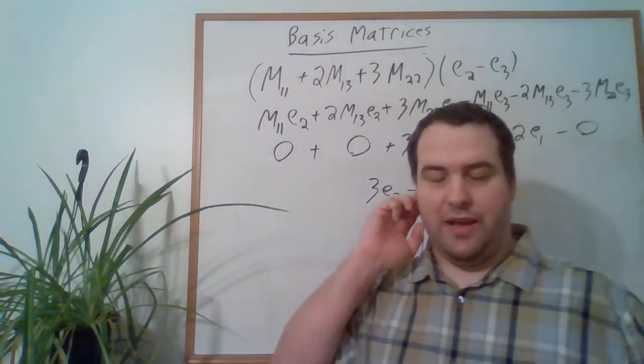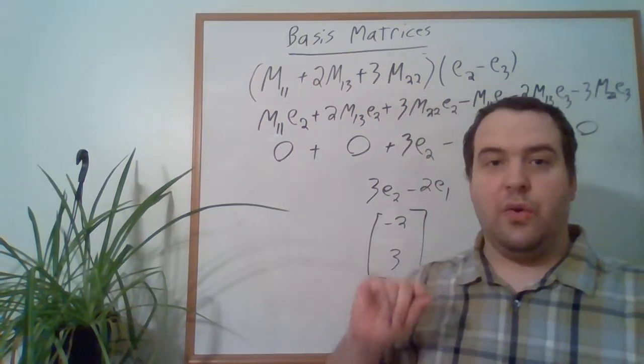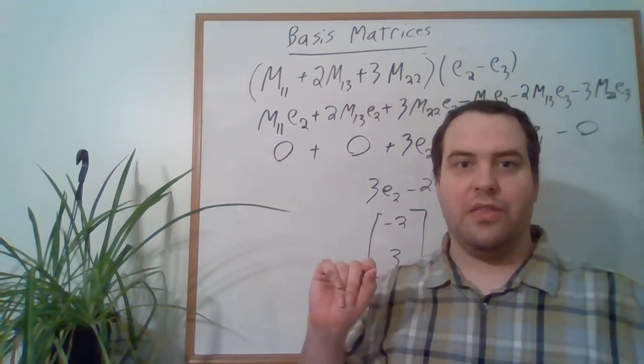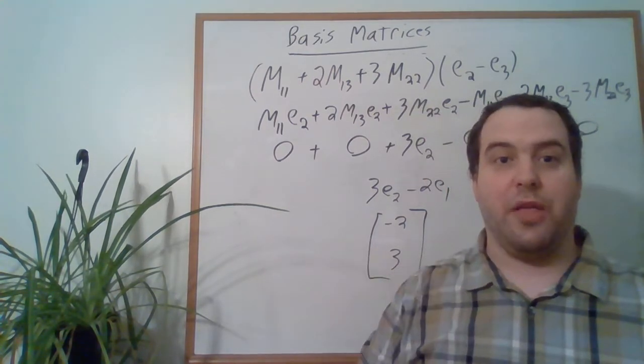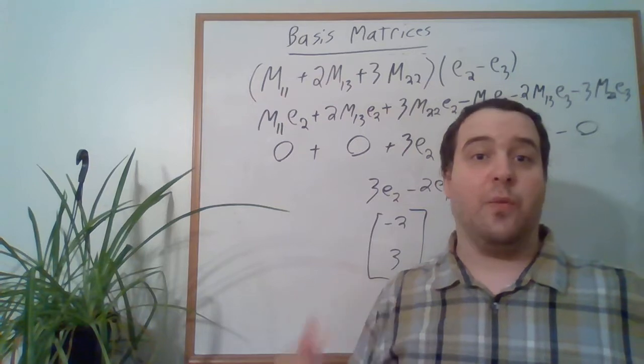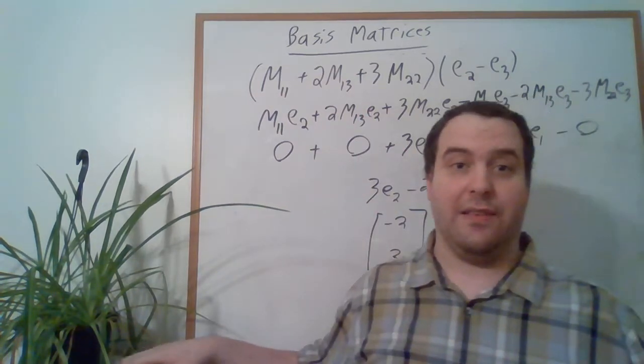of thinking about things. I also want to quickly show you the general formula for multiplying two matrices together and what that looks like when we're working with basis matrices.